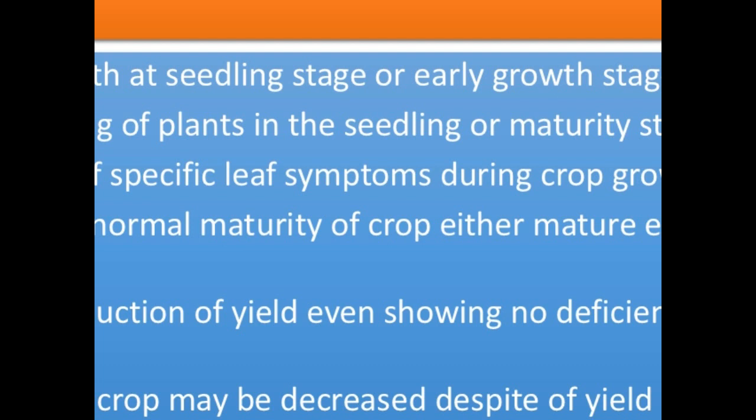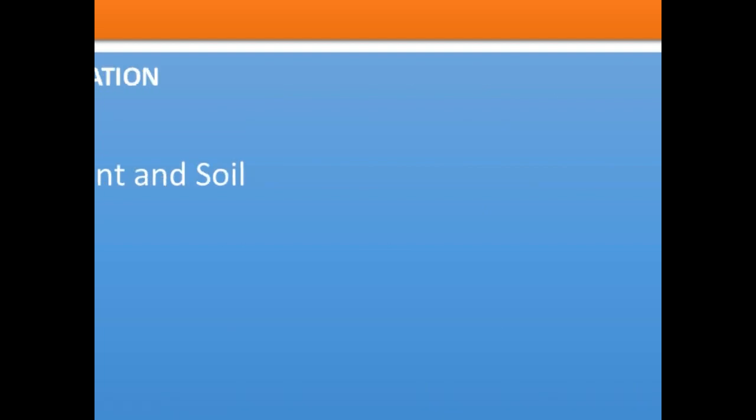The quality of crop may be decreased despite yield loss. Diagnosis of nutrient deficiency can be performed by the following two processes: visual observation and analysis of plant and soil.